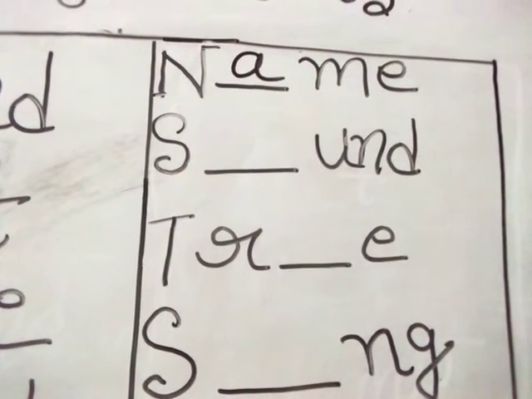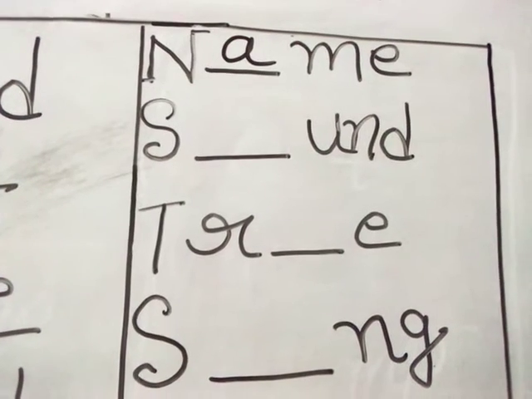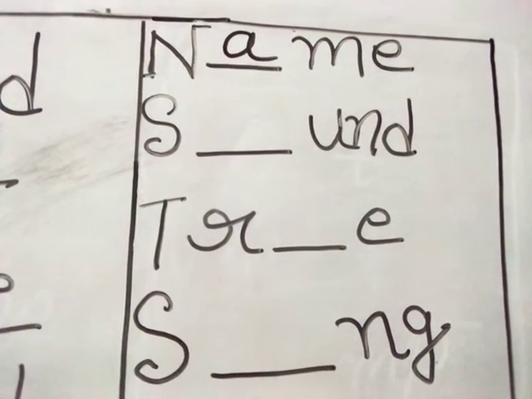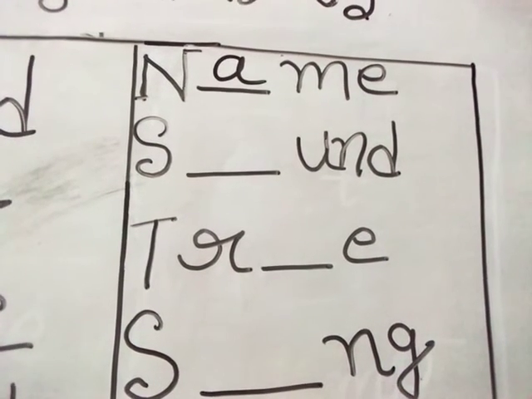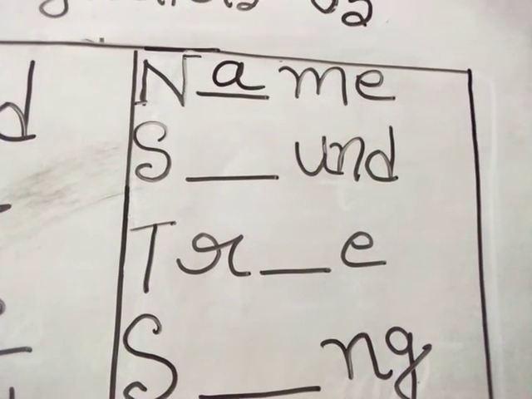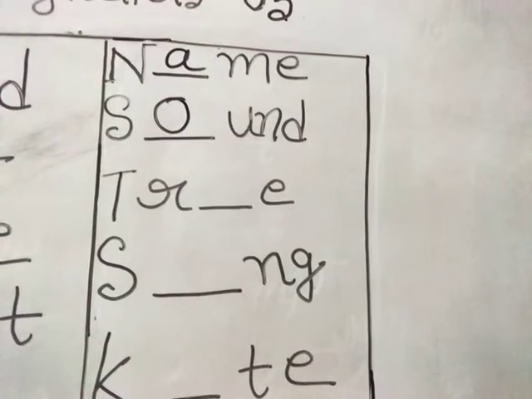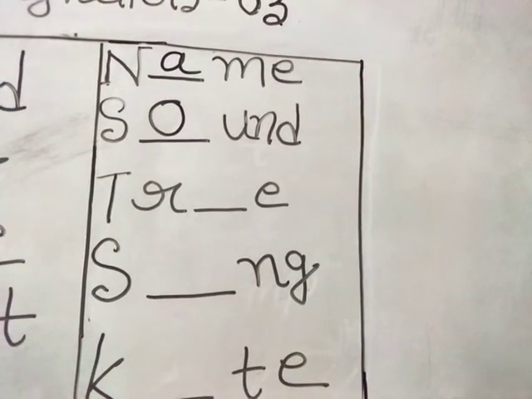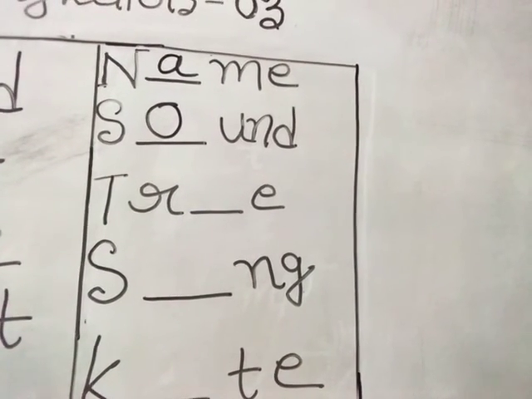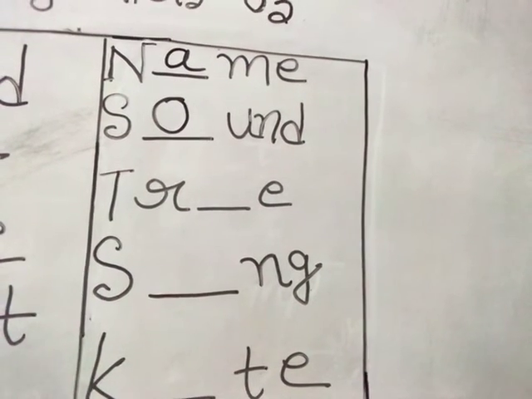So after name, we have another one. It's S-U-N-D. Let us see what can we do. What can we put here? If we put an O here, then it becomes sound. What is sound? Sound is a rhythmic tone.